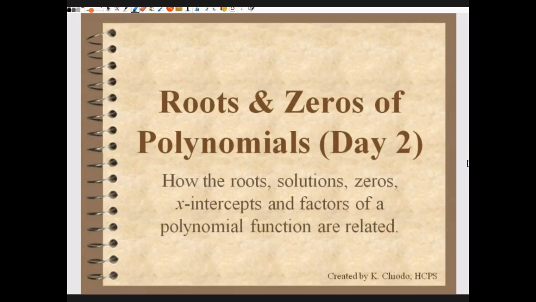And then what we're going to do today is something called Descartes' rule. Essentially, it's a way of determining the number of real and imaginary solutions by looking at the signs of the function and their alternating patterns.